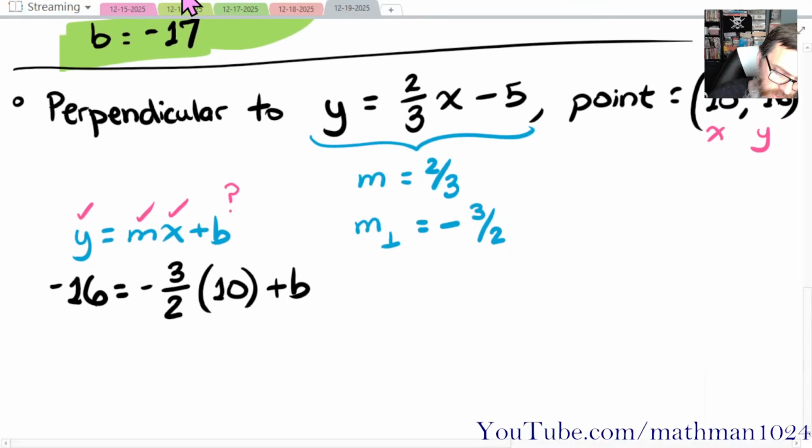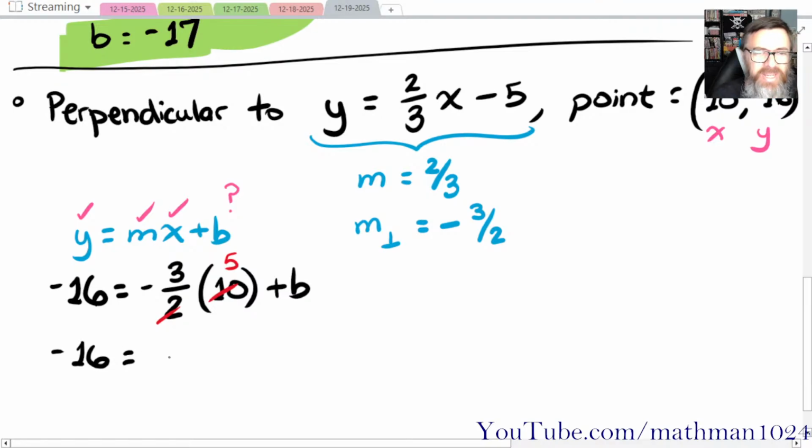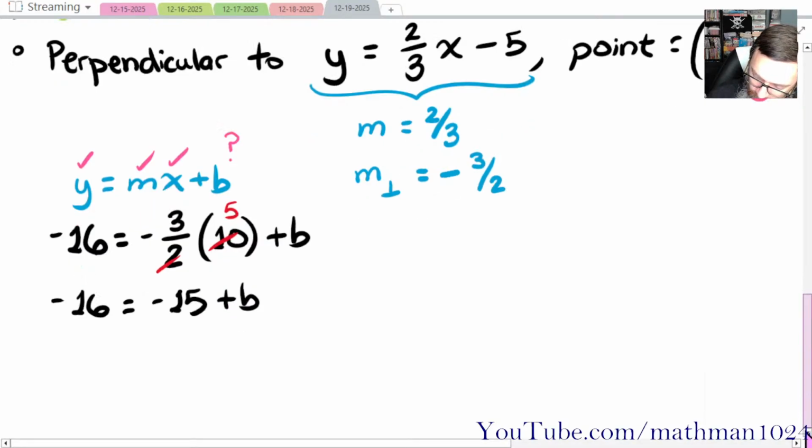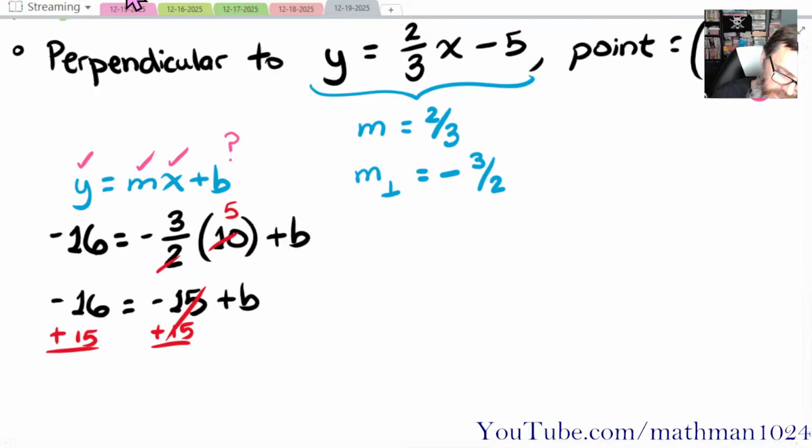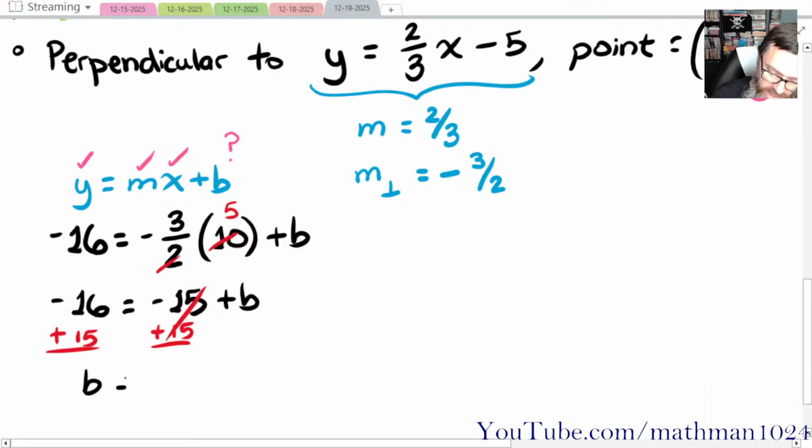All right, so 2 goes into 10 5 times, so easy simplifying there. Negative 16 equals, we got negative 3 times 5 is negative 15. And then we finish getting b by itself by adding 15 to both sides. So we would just have b equals negative 16 plus 15, which is negative 1.